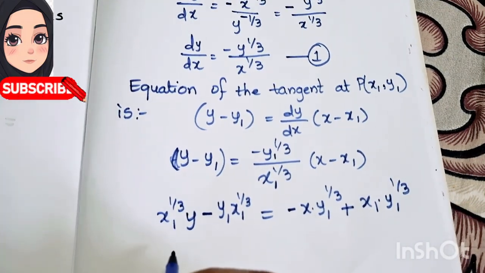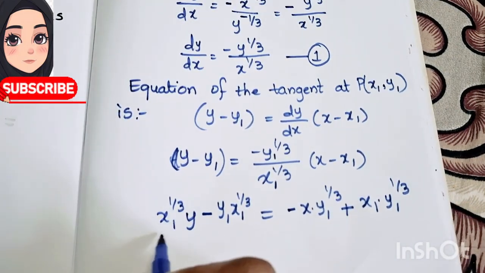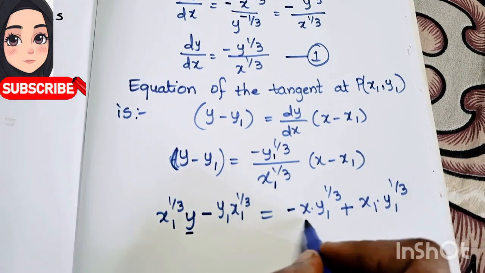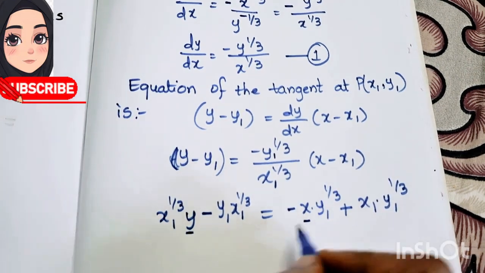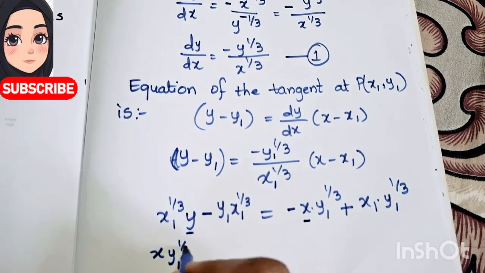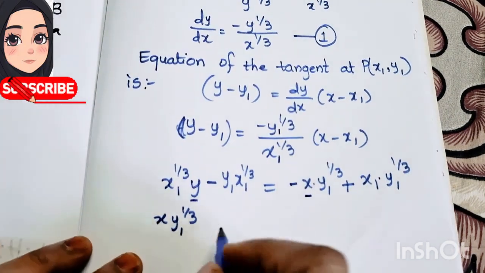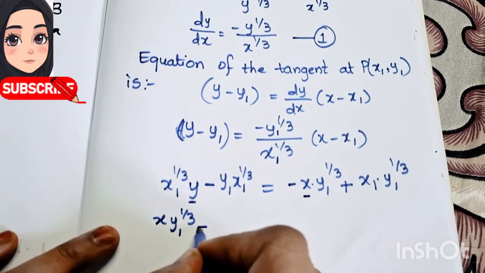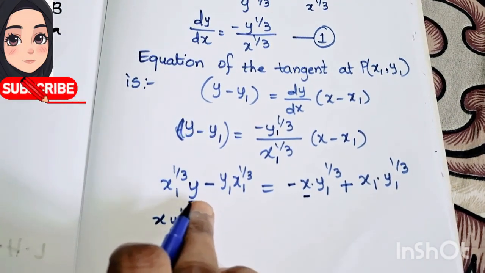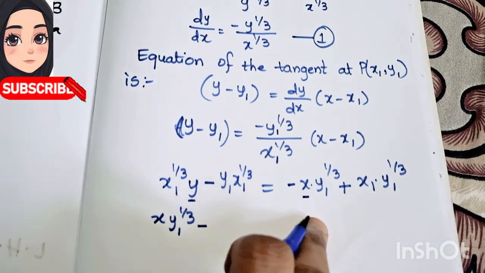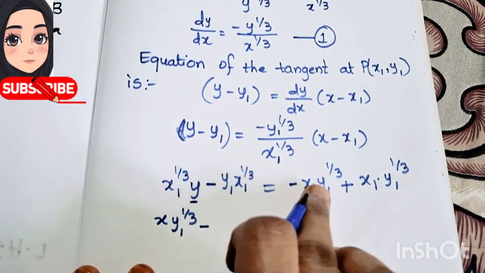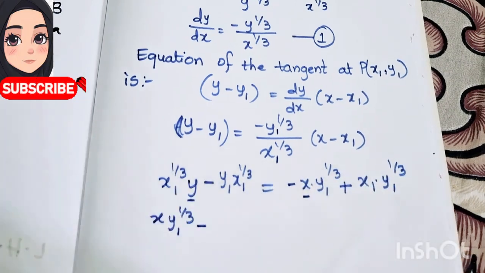Now what do we have here? x1 is there, y is there and x is there. So take this x to this side, it becomes positive, y1^(1/3), and this term is y. Okay, so this term is y and this term is x, and all the powers are 1/3.